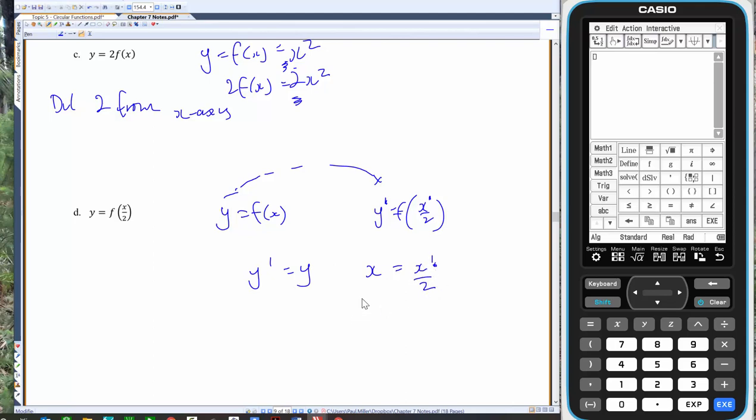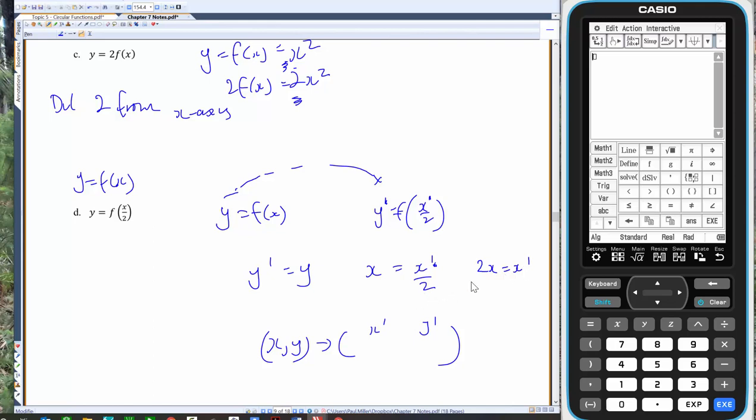Now I want to work out the mapping that would take the function y equals f of x and create this new function. It would have started at x comma y, and the mapping maps to this. In this case, girls, I'm going to solve this for x dash. Notice it's solved for x at the moment. Solving for x dash gives 2x equals x dash.